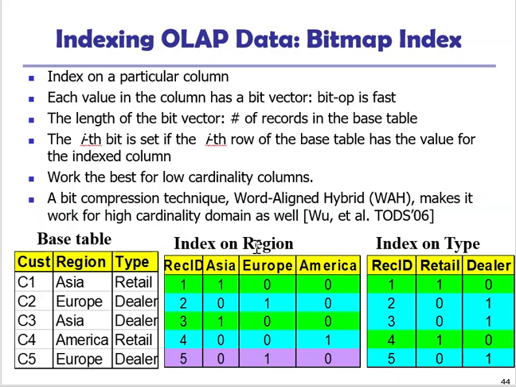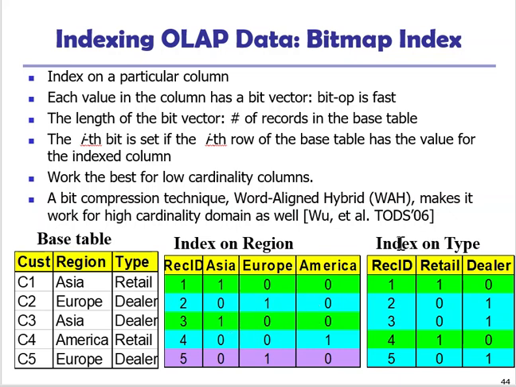So the index for region is going to have columns generated based on the unique values this column has, whether it's Asia, Europe, or America. The first record is Asia, so Asia has a value of 1. It's not Europe or America, therefore they have the value of 0. The second, C2, is from Europe, therefore the Europe column is 1 and all the rest is 0.